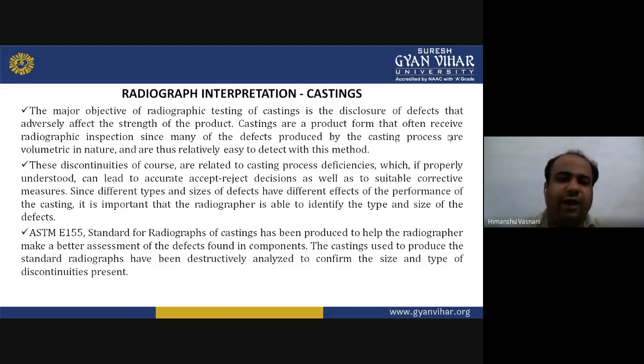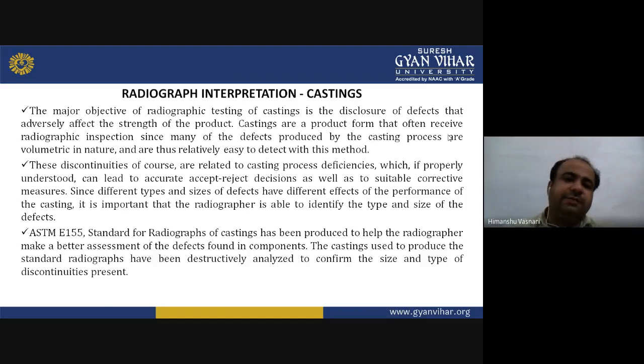If you are able to interpret the radiograph correctly, then you can help decide whether to accept or reject the workpiece. And if possible, suggest a suitable measure so that the casting is not rejected, but can be repaired or corrected.